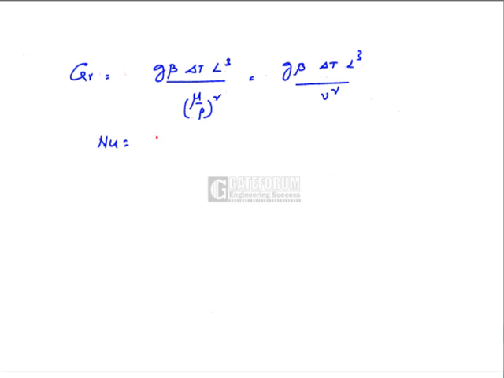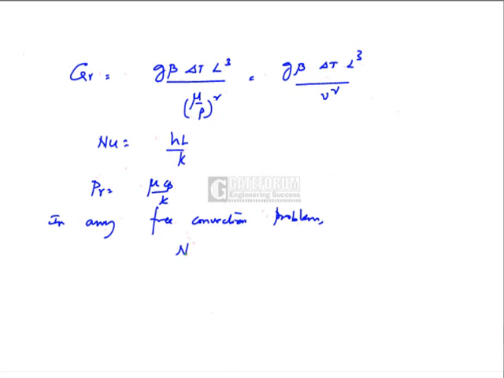Nusselt number, as expected, it should be hL by k. Pr is property of the fluid, that is mu Cp by k. So in any free convection problem, Nusselt number should be a function of Gr, Pr.